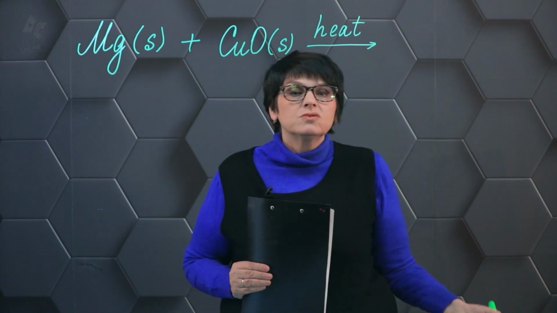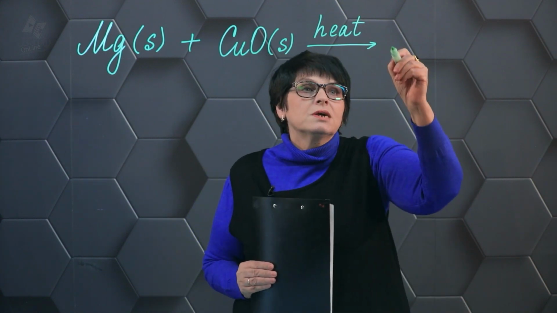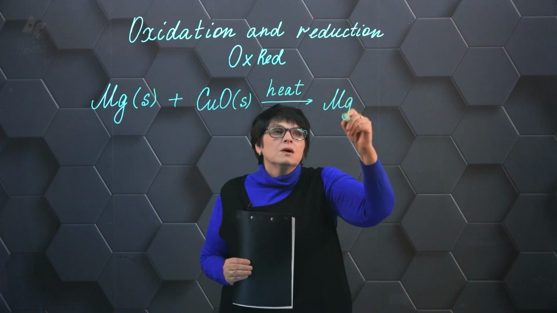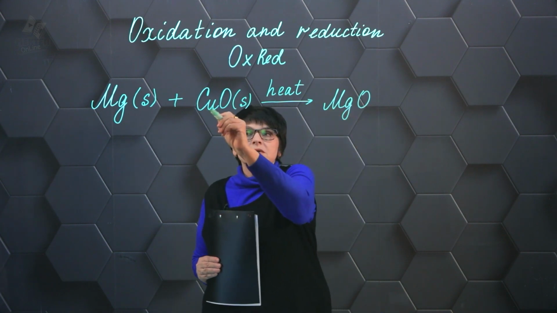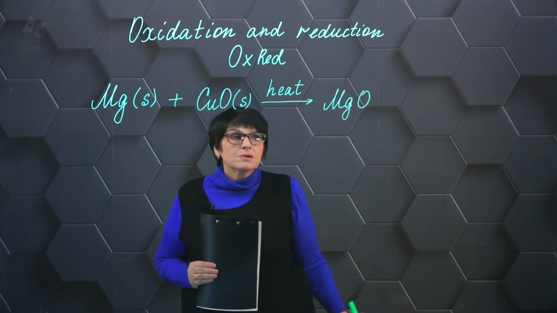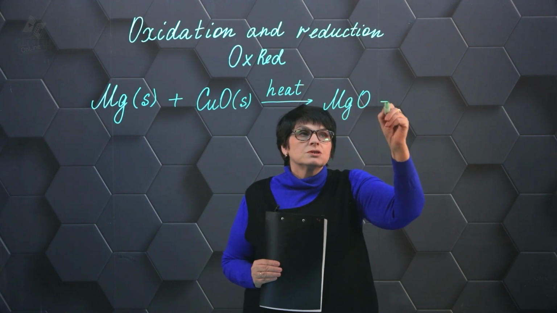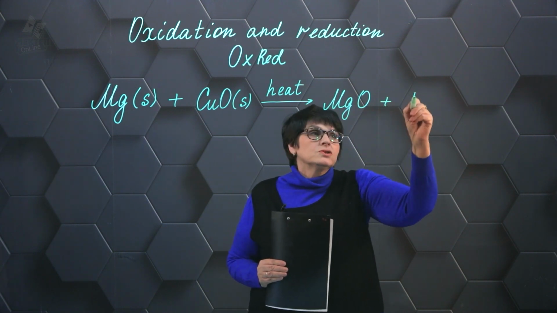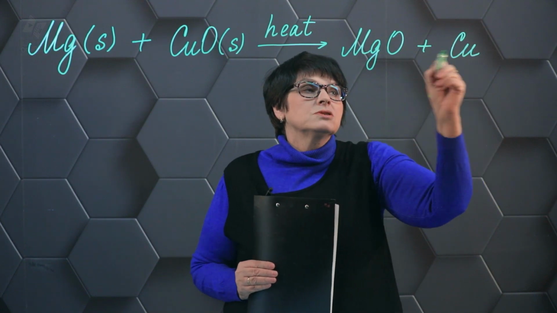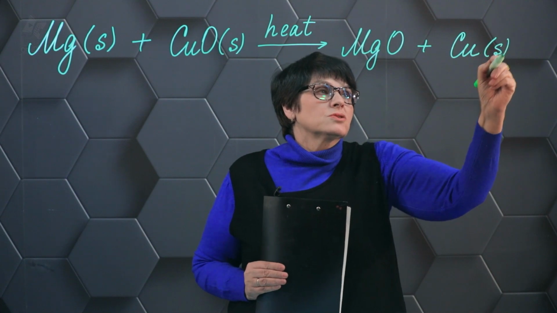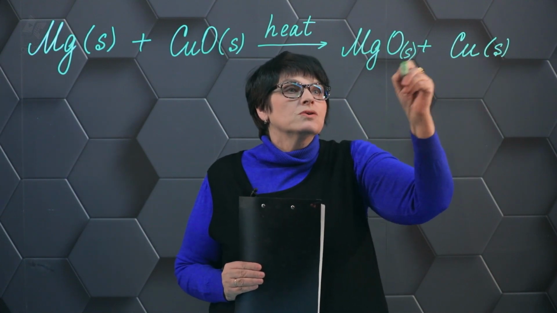As a result, magnesium will replace copper in this process, take its place, and magnesium oxide is produced. And the second product of the reaction will be copper. Copper is a solid, as is magnesium oxide.